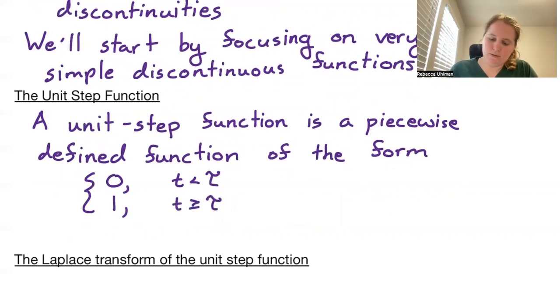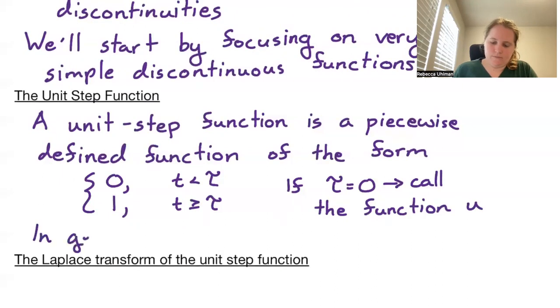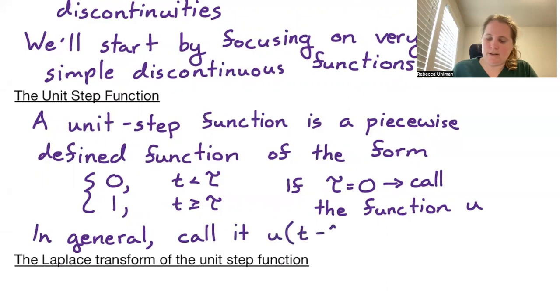If tau is 0, then we call the function u, and then in general, we therefore call the function u of t minus tau.